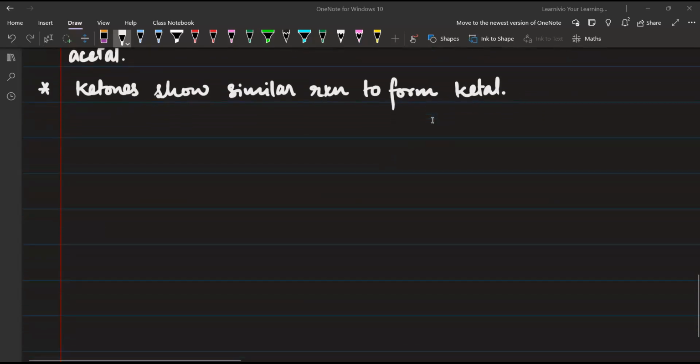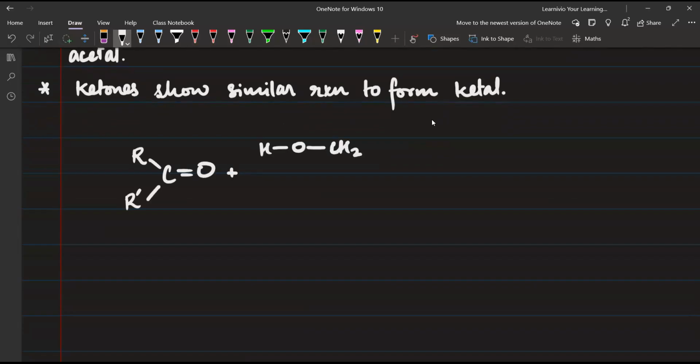How will the reaction with ketones happen? We have R, C double bond O, and R dash, plus ethylene glycol. A very similar reaction happens in this also.